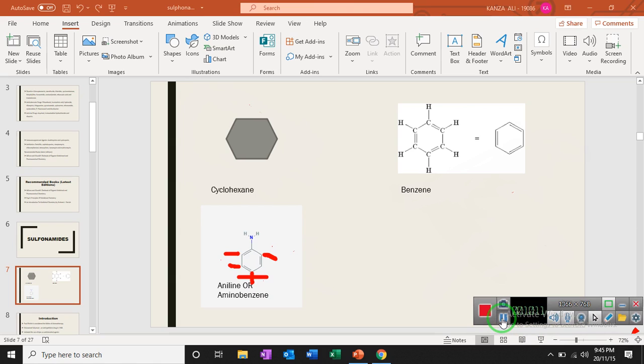In it, the substitution is at the ortho position, that is, we are using ortho-hydroxybenzoic acid. But if we use meta-hydroxybenzoic acid, with substitution at the meta position, the biological function of the two derivatives will be different.